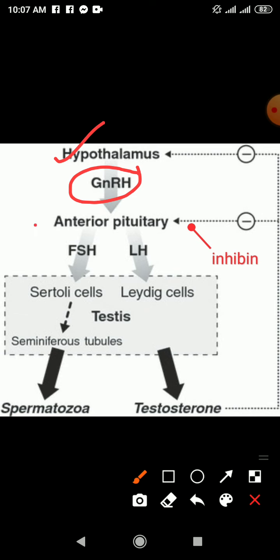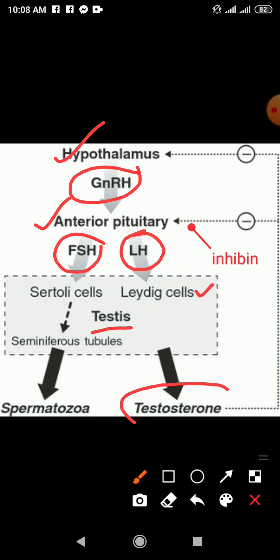Then it acts on the anterior pituitary and releases FSH and LH, and FSH and LH act on the gonad, that is the testis. LH acts on the Leydig cell to produce testosterone, and FSH stimulates the Sertoli cells to produce spermatozoa, that means it causes spermatogenesis.